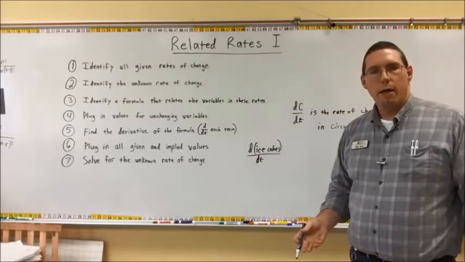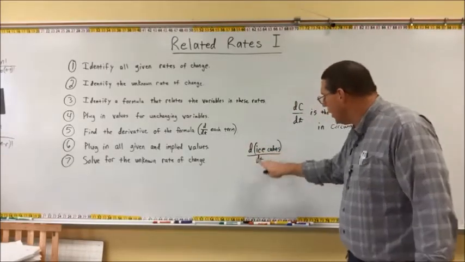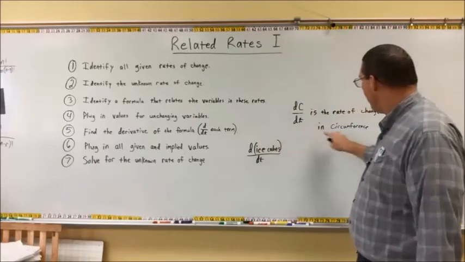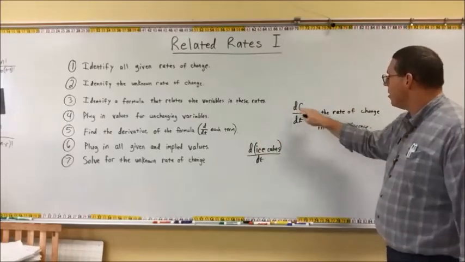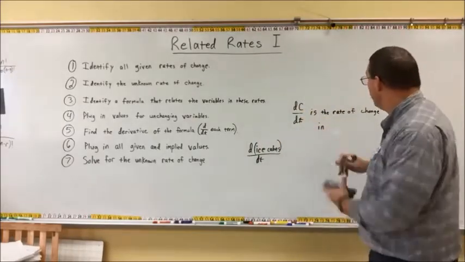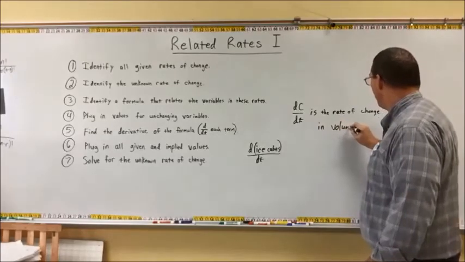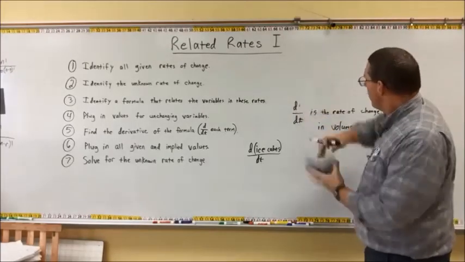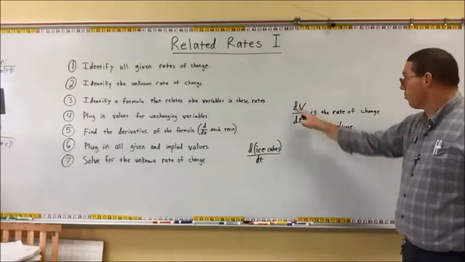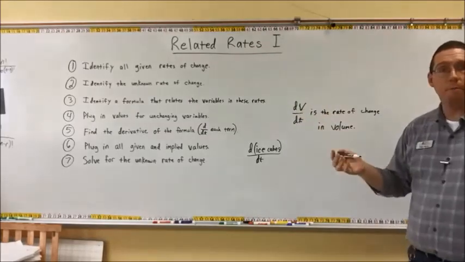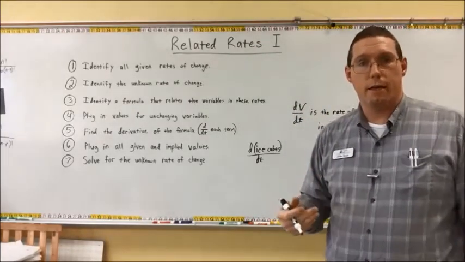It's always d dt with something right here. If it's circumference, then it's dc dt. If it's the rate of change in volume of something, it's dv dt. That's the rate of change over time in volume. I hope you're getting the idea here, okay?